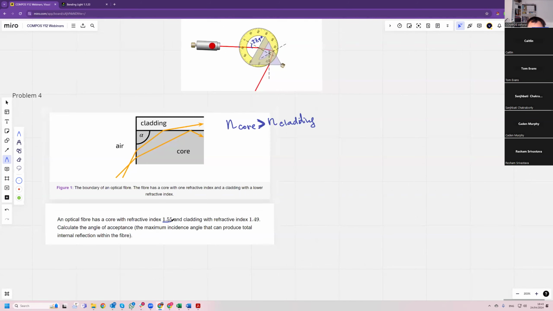For example, here you get 1.55 and 1.49. Sometimes you could have 1.51 and 1.52, for example. To maximize the critical angle. Yes, that is true. Do you know why we want to maximize the critical angle?